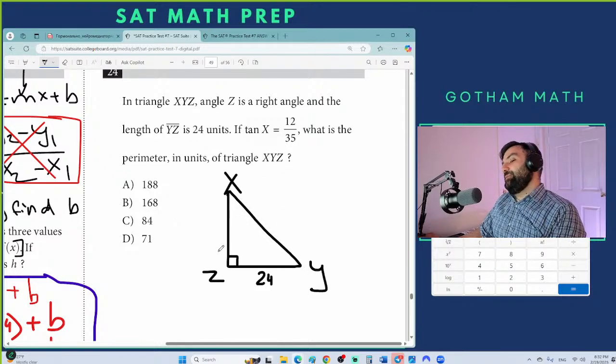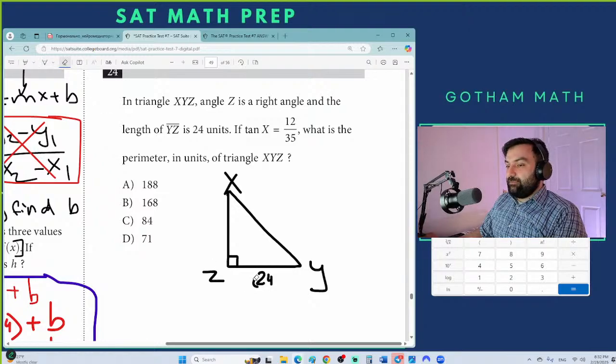So we have to find the perimeter, so we have to find two other sides. Having a tangent value and one of the sides is already enough. First of all, we have to look at which angle is being used here, angle X. I would always mark the angle X, and say that opposite.